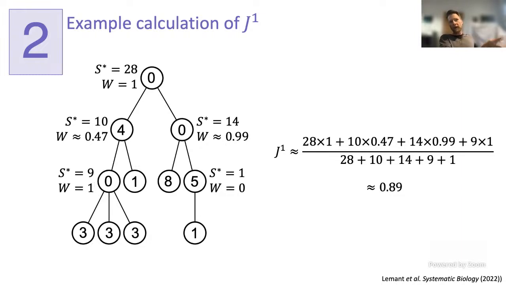So each node in a tree like this corresponds to a clone or a genotype within the tumor. And if we know its population size, we can assign a size to the node, and those are what are inside the circles. And then the W values here are the balance scores. So what you do then is you simply take a weighted average. And in this case, this tree gets 0.89.